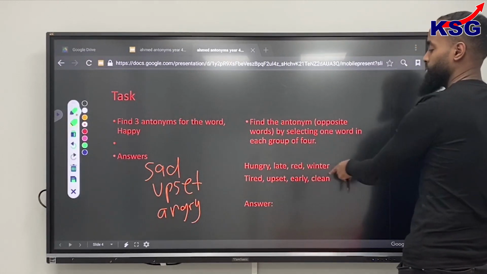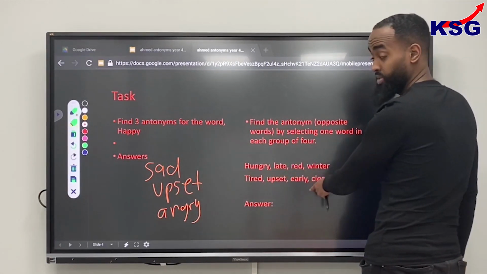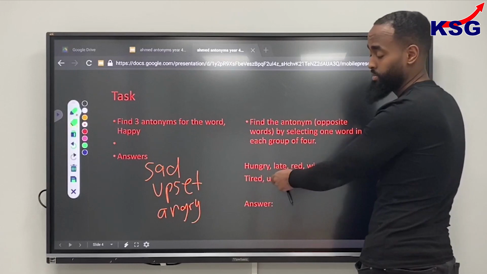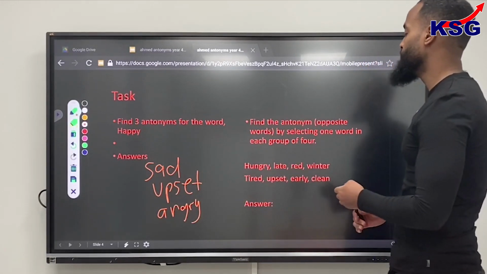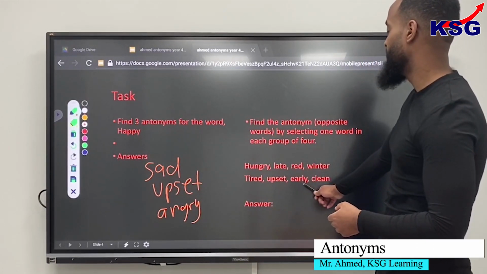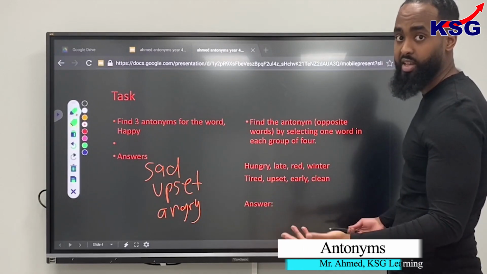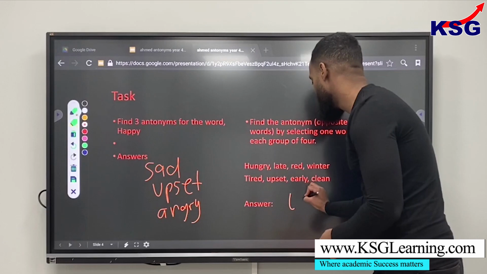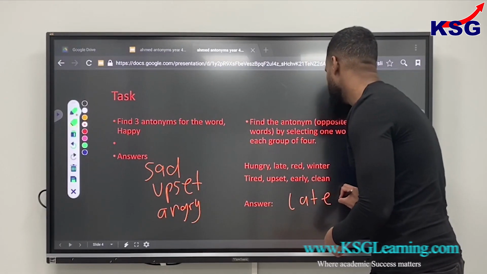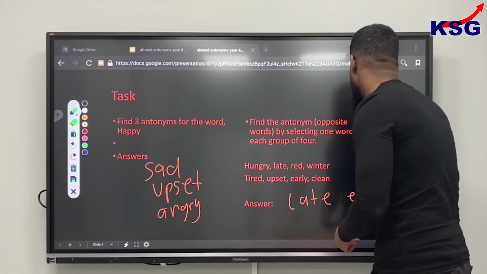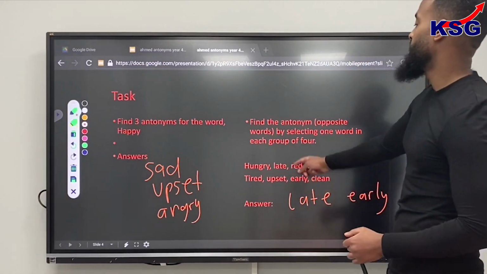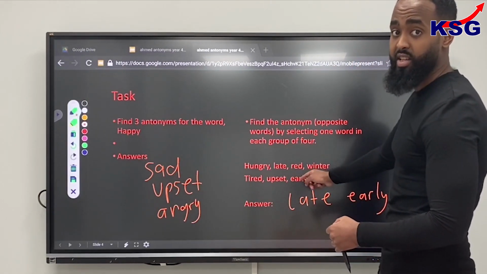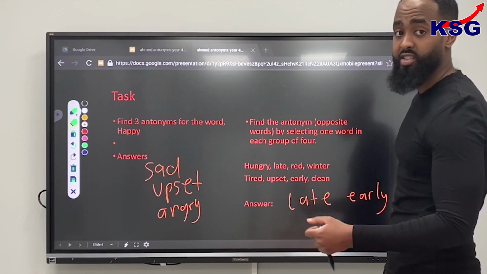So one of these words from the first group has its direct opposite or antonym in the next group. So you can see here that late and early are obviously opposite in meaning, so they're antonyms. That would be our answer here. Okay? Late and early. Now you could get quite a lot of tasks that are similar to that in your assessments.